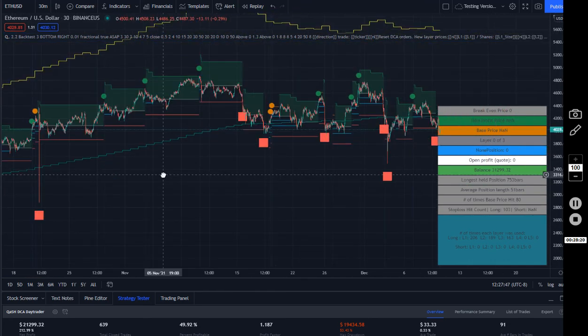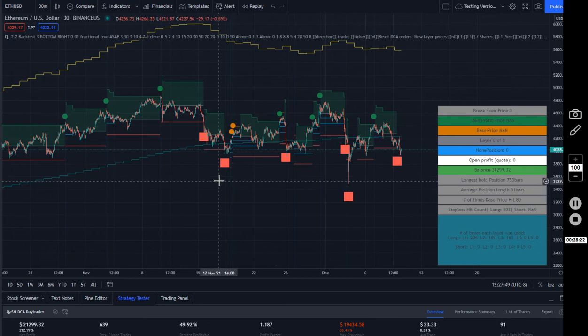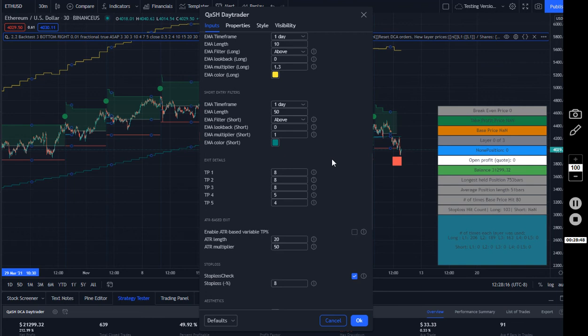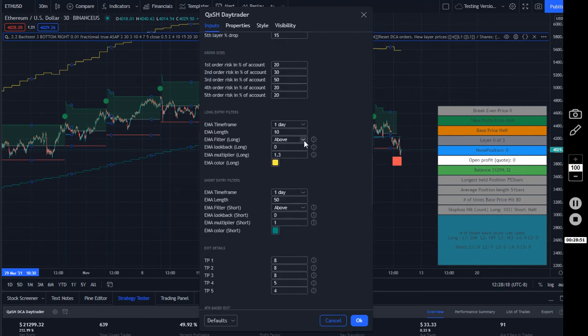Okay, now that was actually not a very good setup because both of them are activated down here, right? It's signaling both long and short here, so it doesn't know what to do. So let's make this a little bit simpler. Let's filter out any long trades that occur below the 10-day EMA. Okay, and let's wait for that to update.